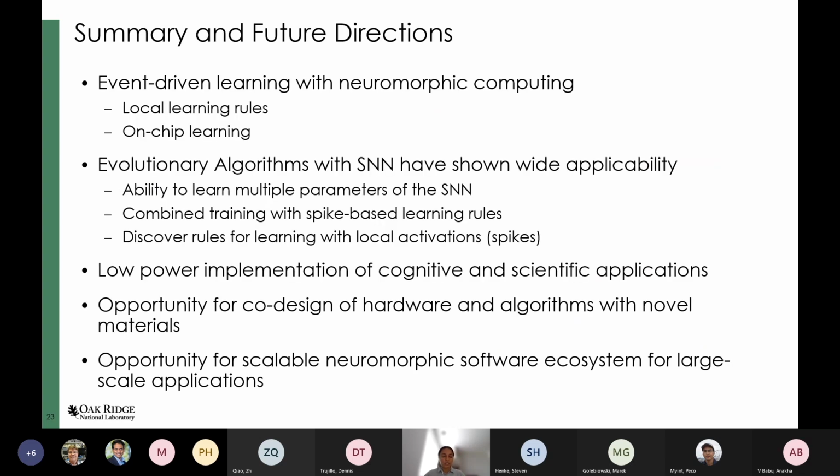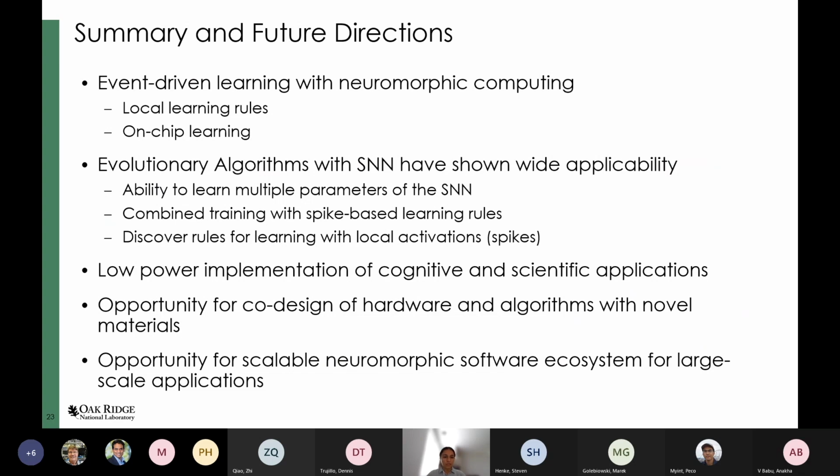To summarize, we looked at event-driven learning with neuromorphic computing, which is interesting for realizing it on on-chip neuromorphic hardware. We also looked at evolutionary algorithms, where we can co-optimize different parameters of the network, including the network topology, which is a very hard thing to decide a priori by hand.